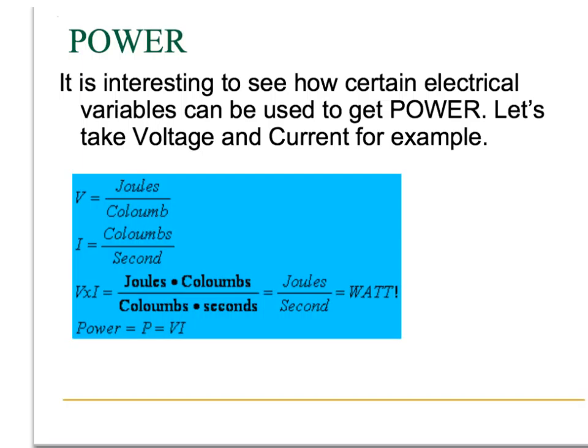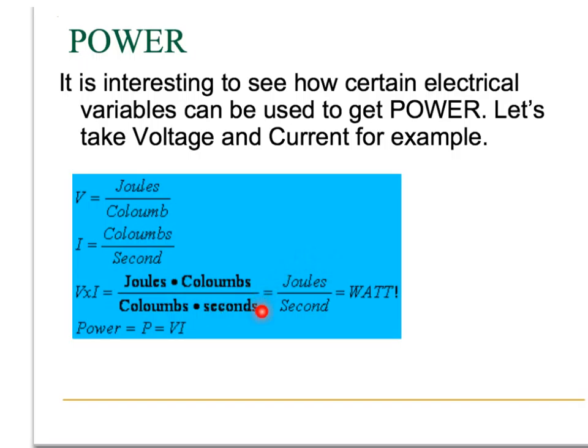Let us look into the power in relation to Ohm's law. If you recall, potential difference is simply the amount of energy divided by the charge, and electric current is the charge divided by time. So voltage times I is joules per coulomb multiplied by coulombs per second. Coulombs and coulombs cancel out, so what is left is joules per second.